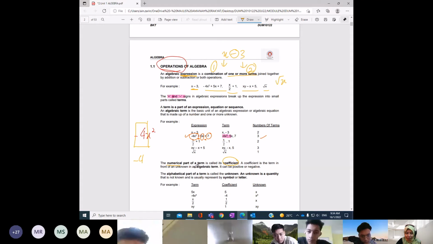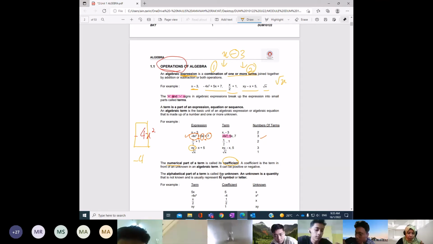Sebenarnya begitu. Okay, tapi kalau kita tengok dia punya term yang kita ada di sini, the numerical part of a term is called as coefficient. So dia focus on the numerical part of the term. So kalau saya tanya, what is the numerical part of xy?